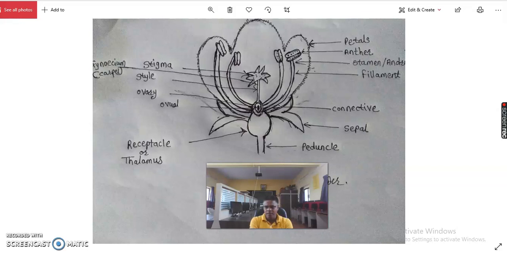The exine is the top layer, which is smooth. The intine is a thin delicate cellulose layer inside the exine. So this is the male part of the flower which we discussed.